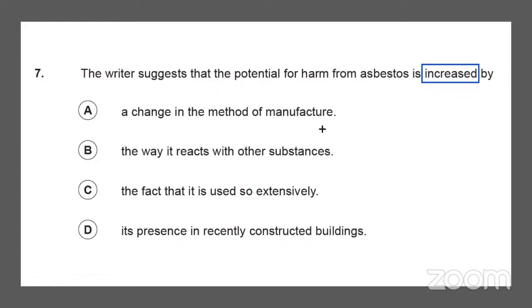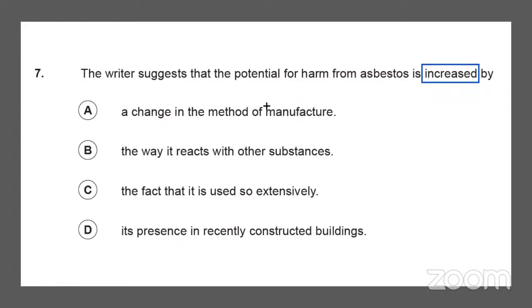Which is the most important word here? Now, change. Change in what? In the method. Method of what?